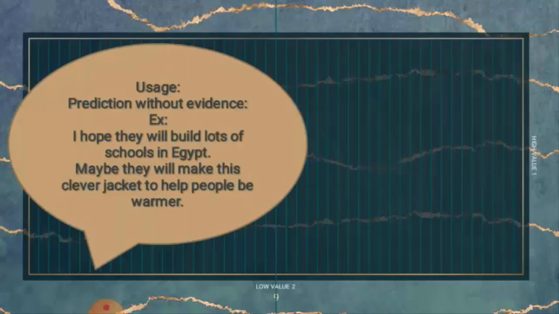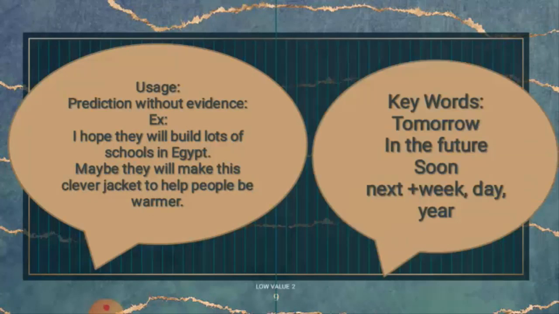Okay. The usage, as we said before, is prediction without evidence. For example, I hope that they will build lots of schools in Egypt. Maybe they will make this clever jacket to help people stay warmer. What about the key words?